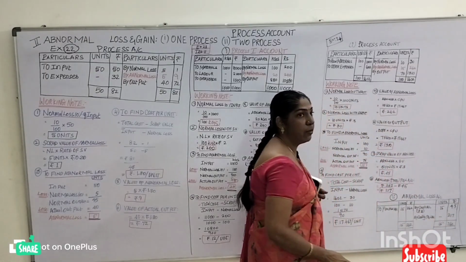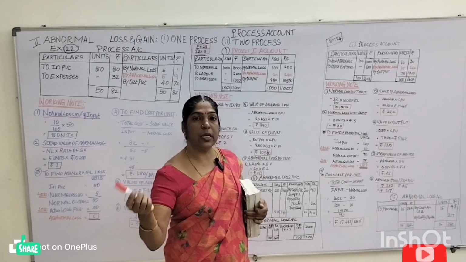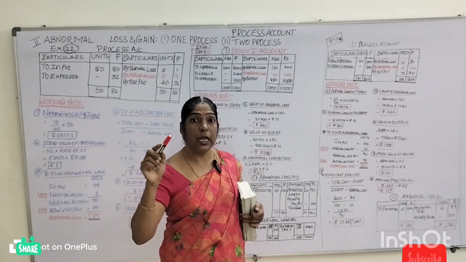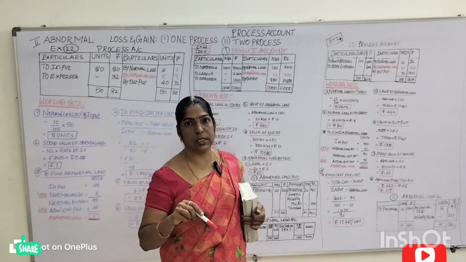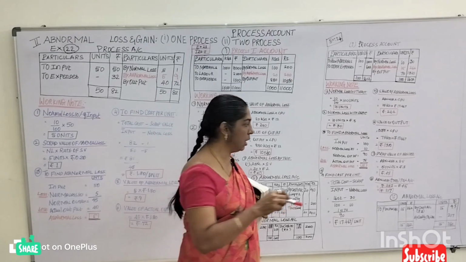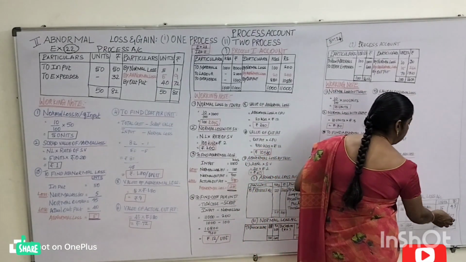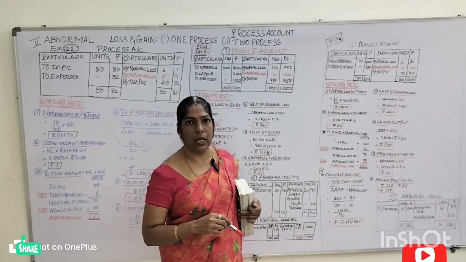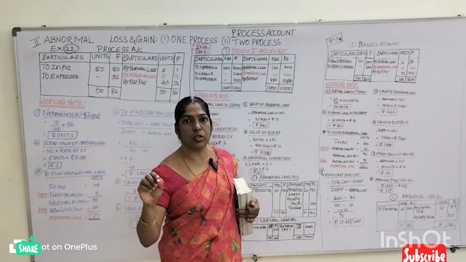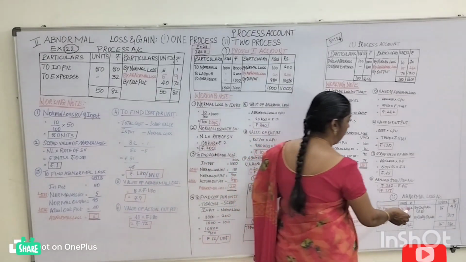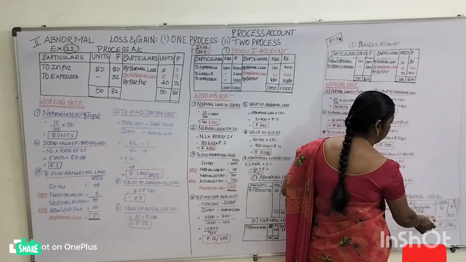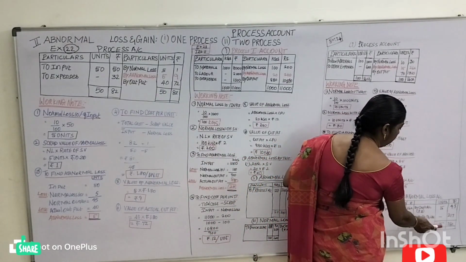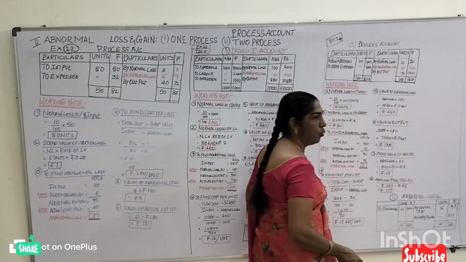That 217 rupees will be transferred to the profit and loss account, where it shows on the loss side because it is a loss through abnormal loss. So you write by costing profit and loss account 217 rupees. Now find the total: 15 units, 45 plus 217 is 262 rupees.